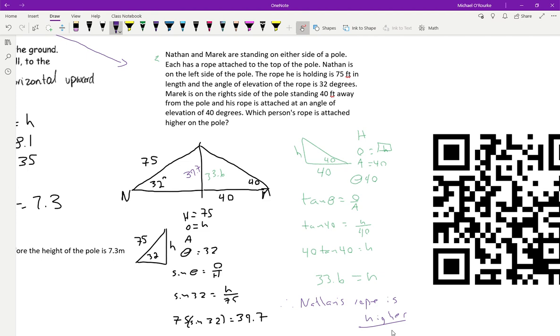In all actuality, if I did the math on this, if I want to find this here, let's label that y, I could use tangent here. Tan 32 equals 39.7 over y. I'm going to flip these two.